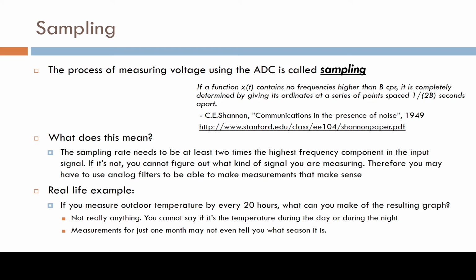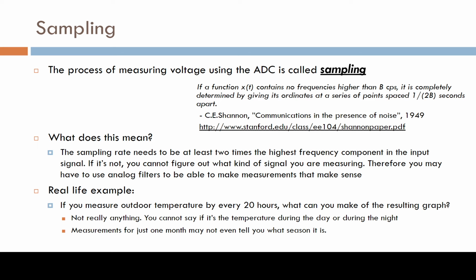Let's talk a little bit about sampling. The process of measuring voltage using A to D is called sampling, but actually it's older than the A to D converter. There's Shannon's theorem from 1949.